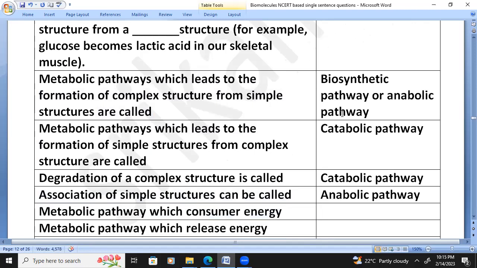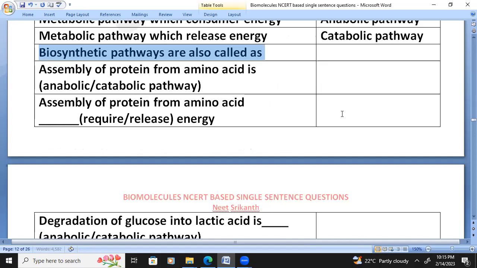Metabolic pathways which consume energy are anabolic pathways. Metabolic pathways which release energy are catabolic pathways. Biosynthetic pathways are also called anabolic pathways.